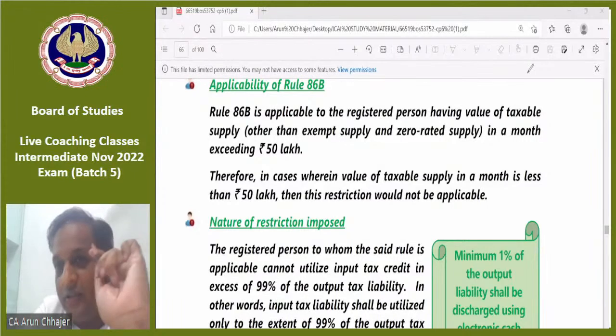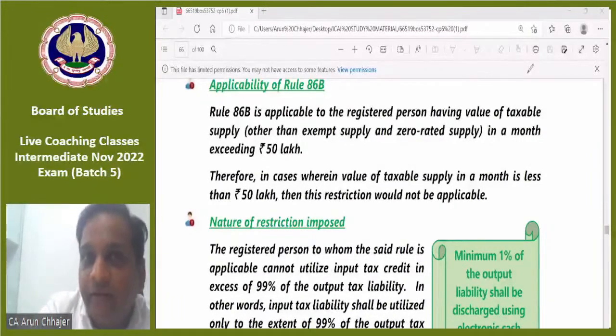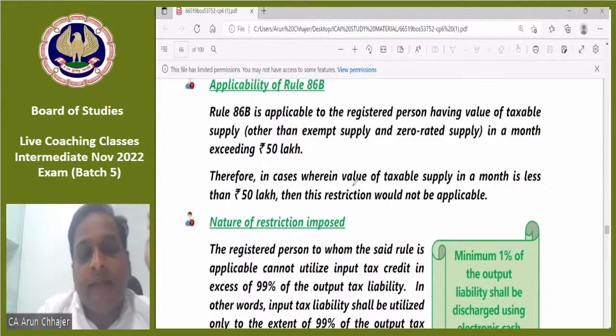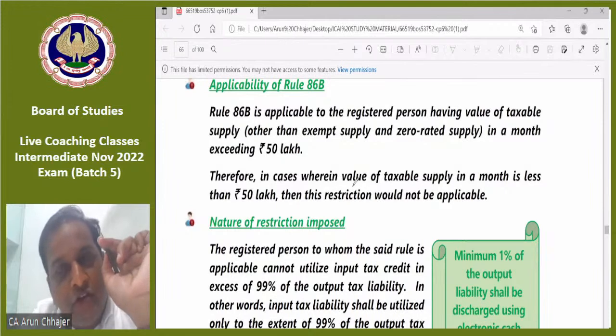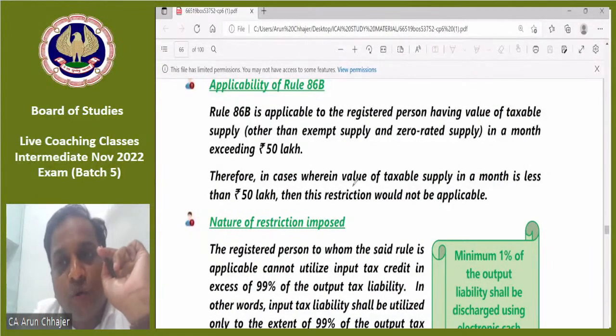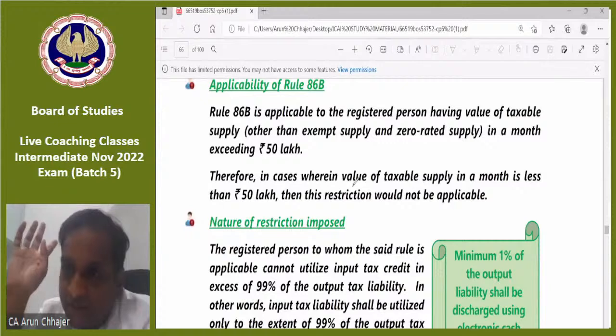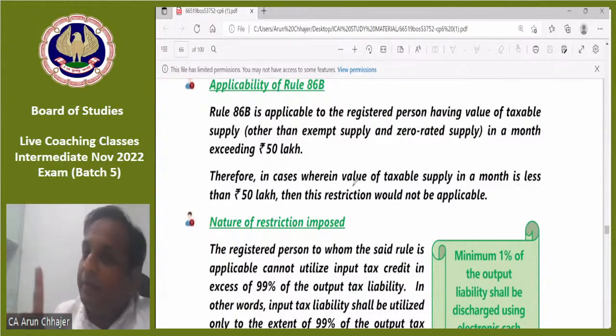Coming back to the question, coming back to Rule 86B, we are discussing 86B. If the value of your taxable supplies, excluding zero rated and excluding exempted, is more than 50 lakh, then 1% of the liability. That means 50 lakh is the turnover, multiplied by the respective tax rate, then multiplied by 1%.